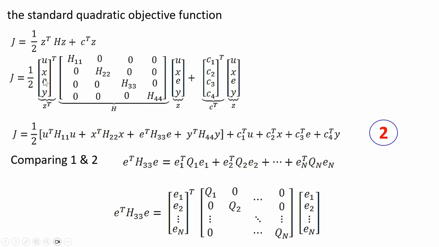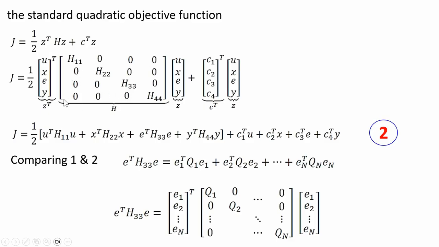Similarly u transpose multiplied with this element and with e becomes 0, and similarly for y it becomes 0. So we don't have any combinations of u with x, u with e, or u with y. All of them are 0 because we have 0 on the upper triangular matrix. The same concept also follows for the zeros on the lower triangular matrix.